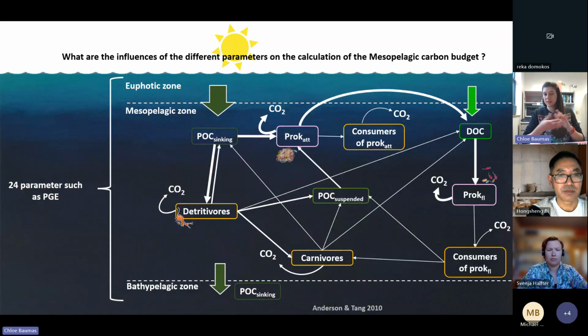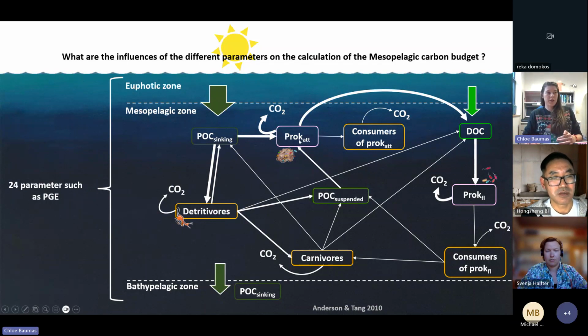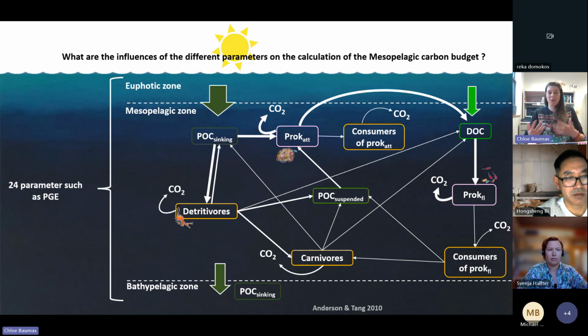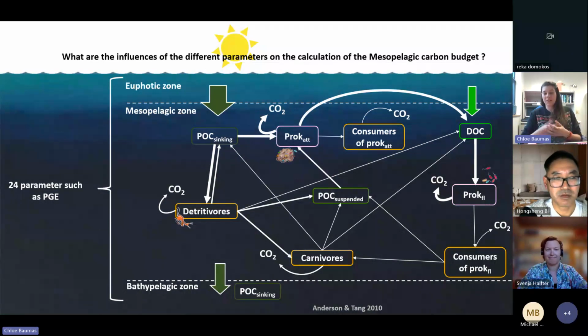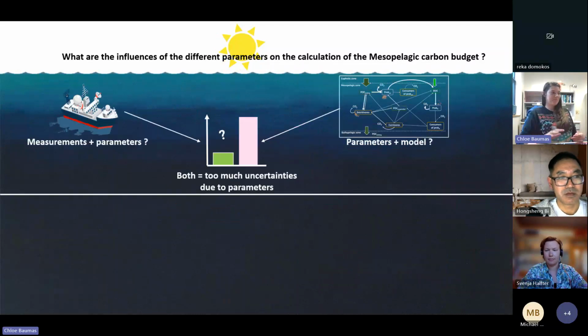For the biological carbon pump in the mesopelagic zone specifically, there are not too many, and here I chose the Anderson and Tang 2010 model because it assessed the part of remineralization of different compartments, such as zooplankton, prokaryote attached, or prokaryote free living. However, again, it requires as well 24 parameters such as the PGE. So it's again complicated to use that for accurate estimates.